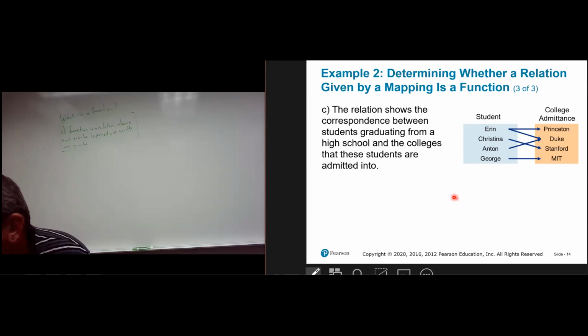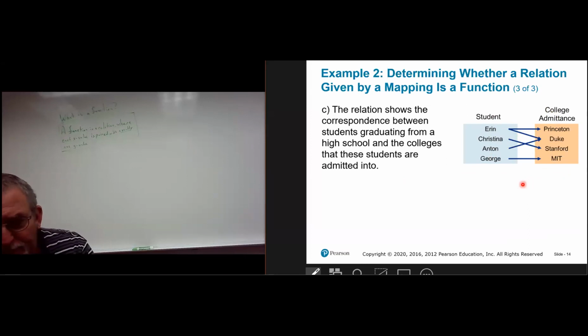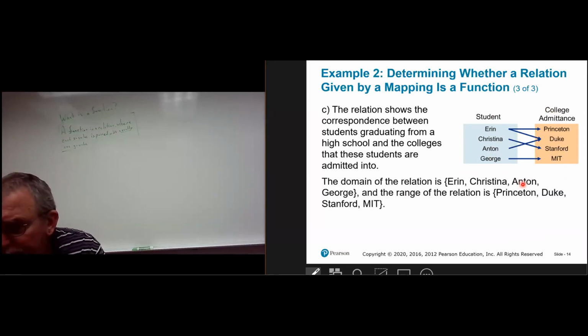Does Aaron have 2? Yeah, because Aaron has been accepted into 2 colleges. So the 2 arrows coming out of Aaron make it not a function. The domain is still the student name, and the range is still the college name, but it's not a function, because a relation does have a domain and a range, just like a function does, because a function is a relation.